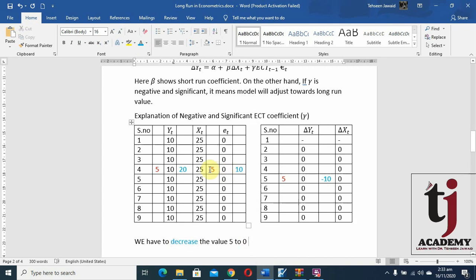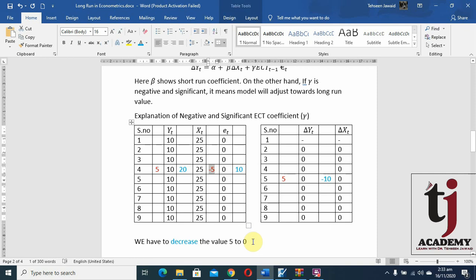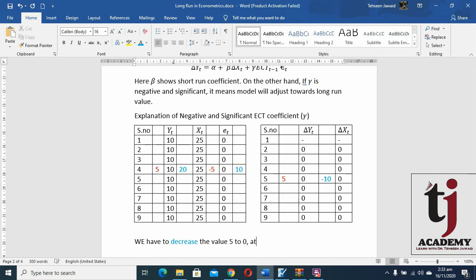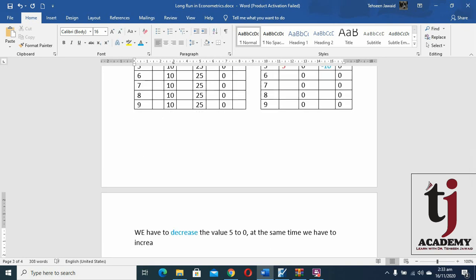At the same time, we have to increase this value to 0. At the same time, we have to increase the error value in the previous period. Yes, we have to increase. This is the important thing.